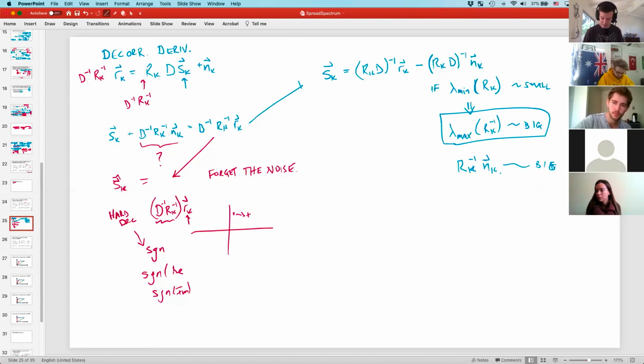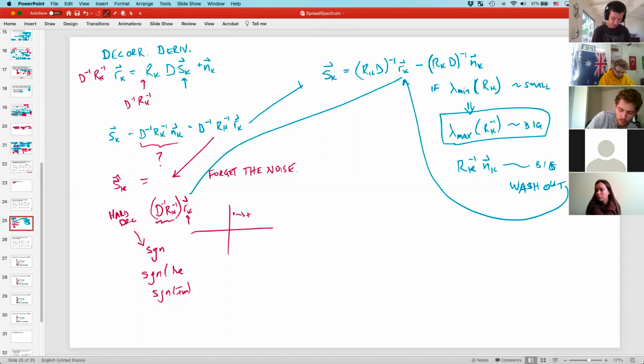But the idea is that it's going to be so big that it could wash out this thing, the thing that we're actually going to be making our decision on. Which would mean basically we are going to be just deciding at random, because the noise will dominate the actual data, the signal that we're actually going to get.